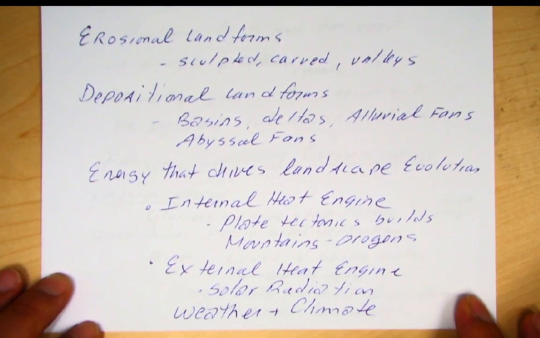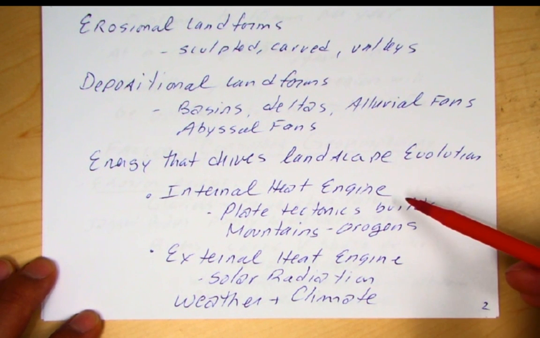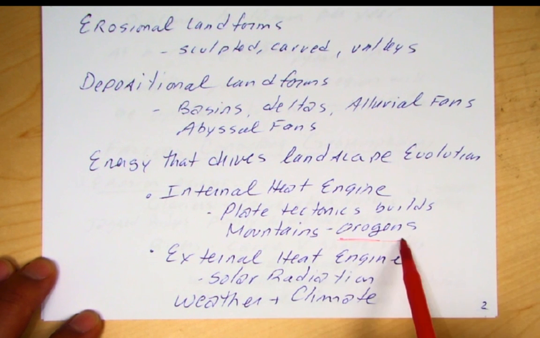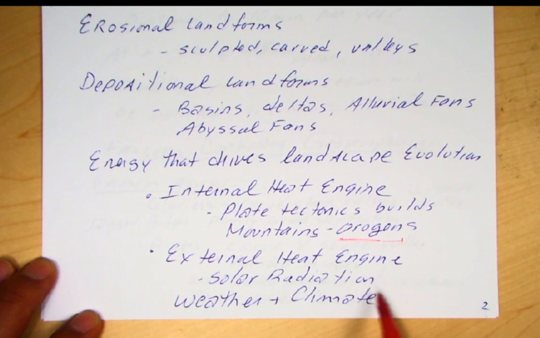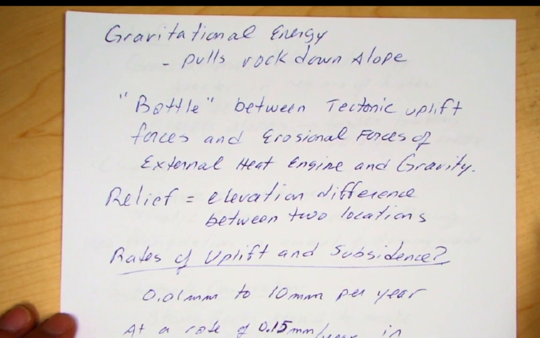Now, what energy drives the landscape evolution? So there's the internal heat engine, which is plate tectonics. They're making the origins, right? And the external heat engine, that's solar radiation. And really it's instrumental in driving weather and climate. And then the other one we talked about briefly was gravitational energy, which is pulling this material downslope.